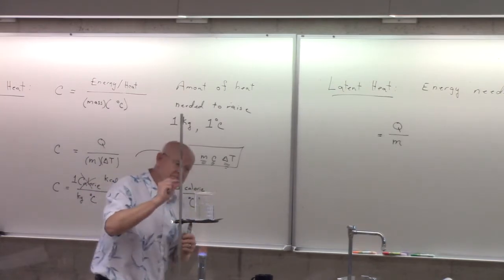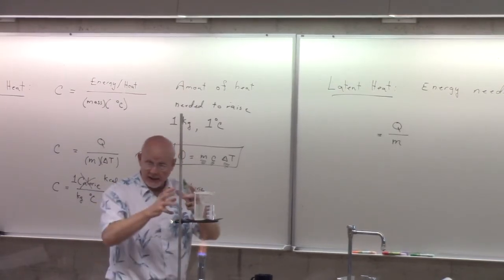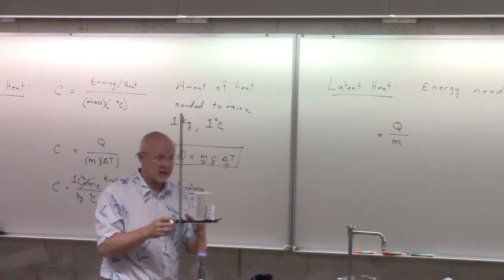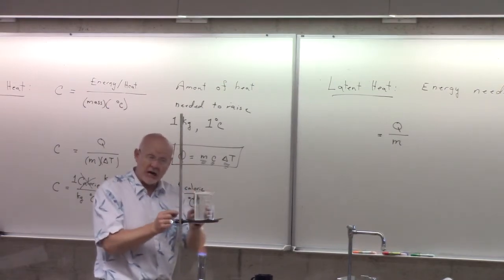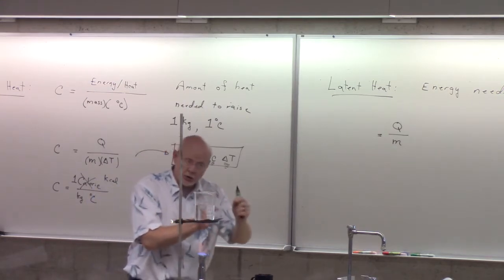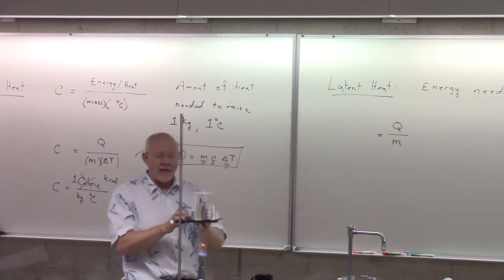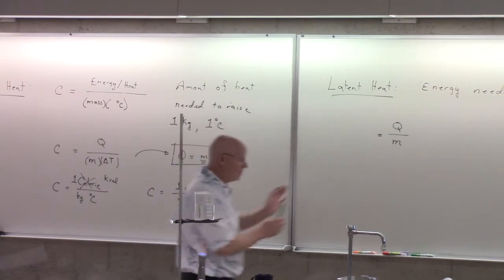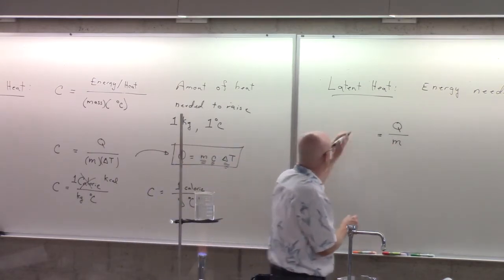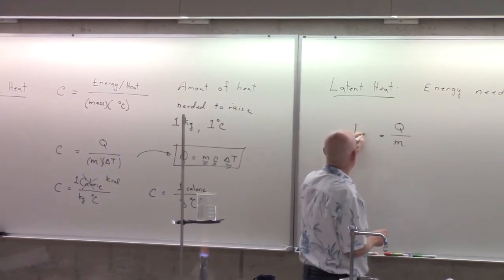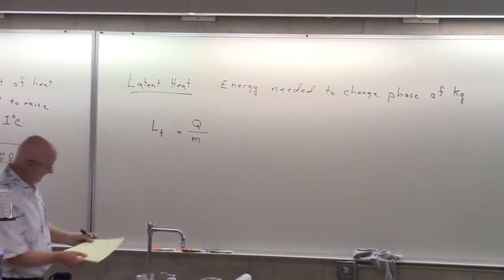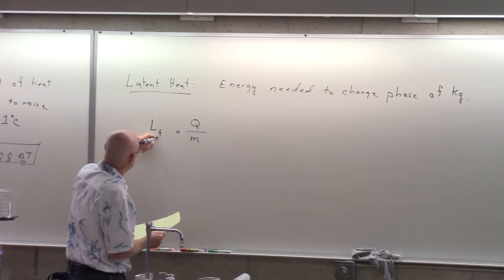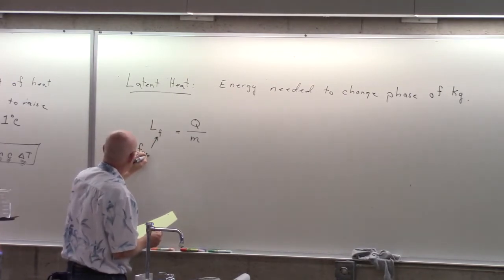But if I were to measure how much energy did it take to melt that ice, not raise its temperature, but just melt it, just go from 0 degrees ice to 0 degrees water, and then I would divide it by its mass, which in this case would be 0.4, I would get what we're going to call the latent heat of fusion. The little f stands for fusion.